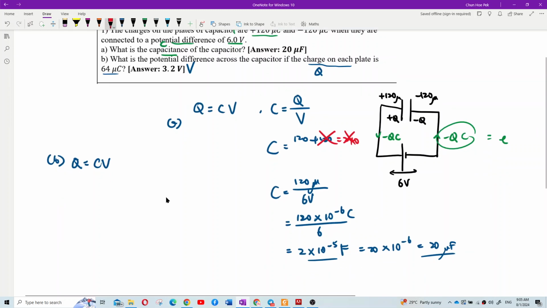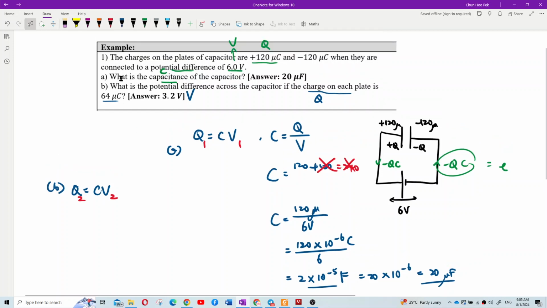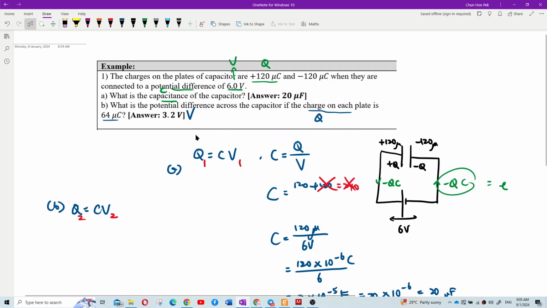We can put this as Q2 V2. Last time is Q1 V1. This time is the same capacitor, just a different battery, different charge. So the charge on each plate now is 64, charge on one plate only, times 10 to the negative 6 coulomb.